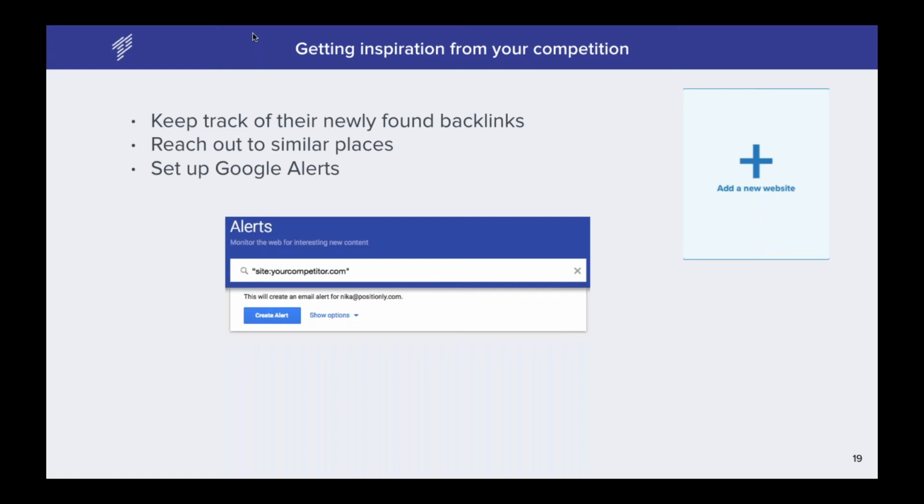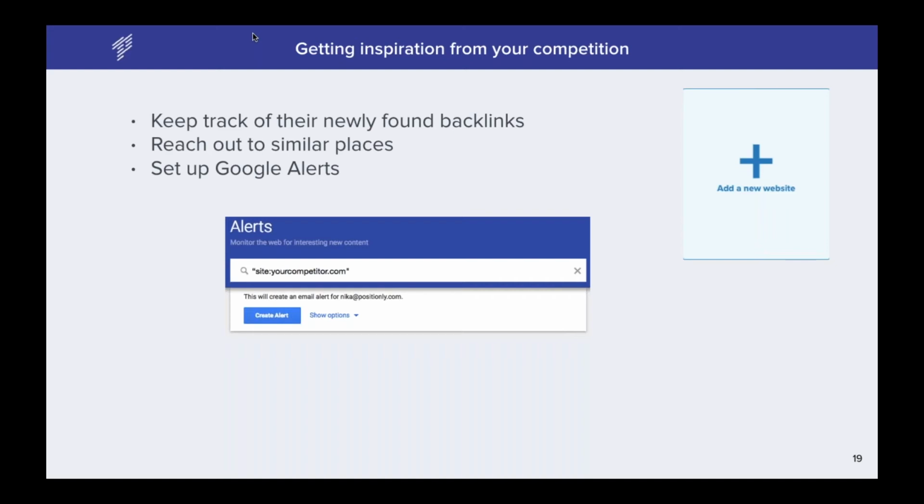You can reach out to the same places even, and maybe there is something that you haven't thought of before, some sources or places where you thought, oh, I would never have thought about it. However, it's really relevant, and it's a really great idea to be featured in such a place. So adding it and monitoring it in the backlinks tool, that's one thing.